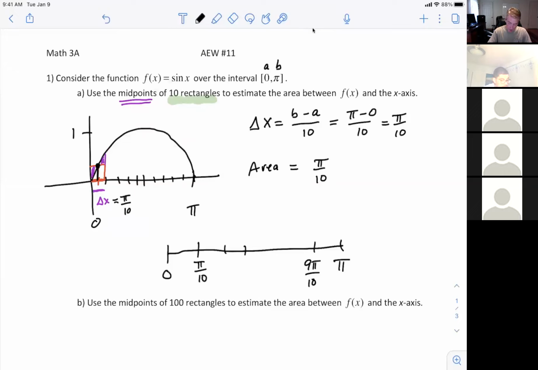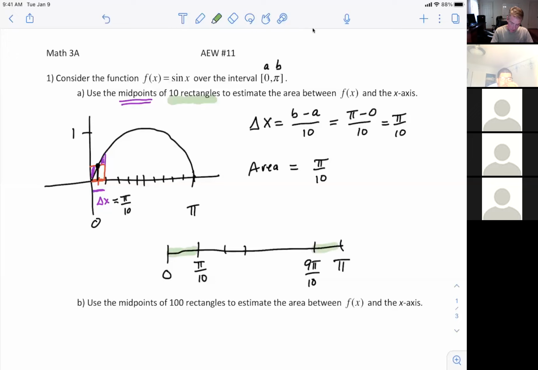Now, the reason I'm not paying attention to this one is 2 pi over 10, and this one is 3 pi over 10, et cetera, because I'm going to actually plug this into the calculator, and I just need to tell the calculator where to start and where to stop. So I really just need the starting interval and the ending interval, and then I'll tell the calculator to add up all the areas.